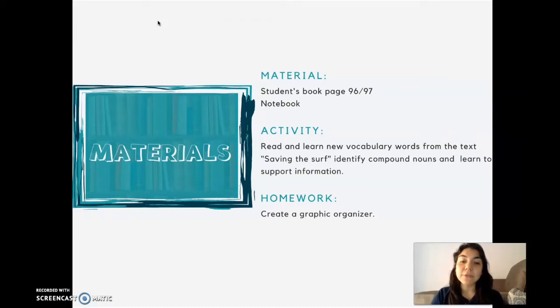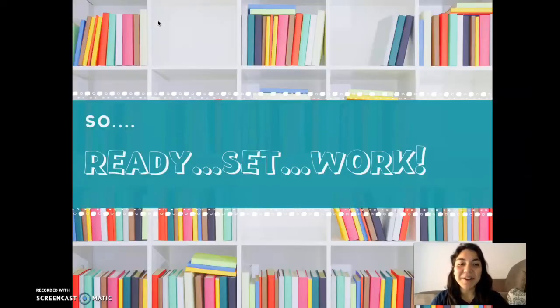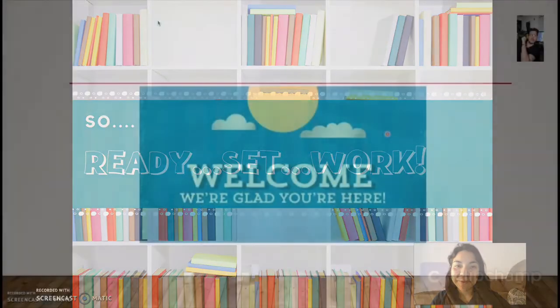And the activities for today are basically a reading about saving the surf, compound nouns, and learning to get additional information, okay? For today's class, it's going to be really cool because we're going to have everyone participating. So you're going to see the other teachers working and helping us with the class, okay? So, are you ready? Prepare your material, set, and work.